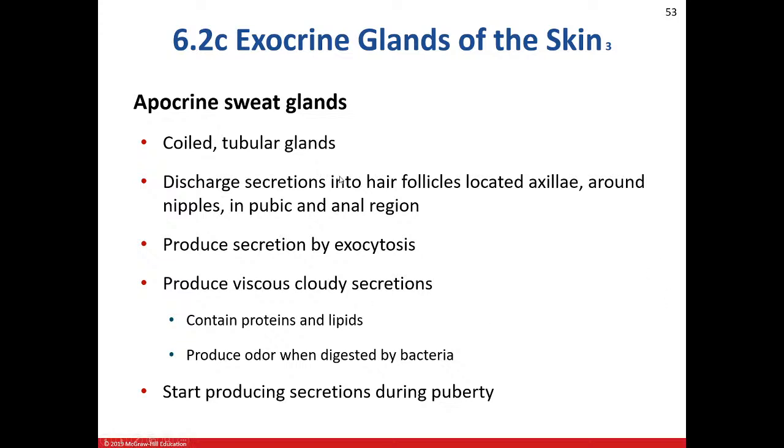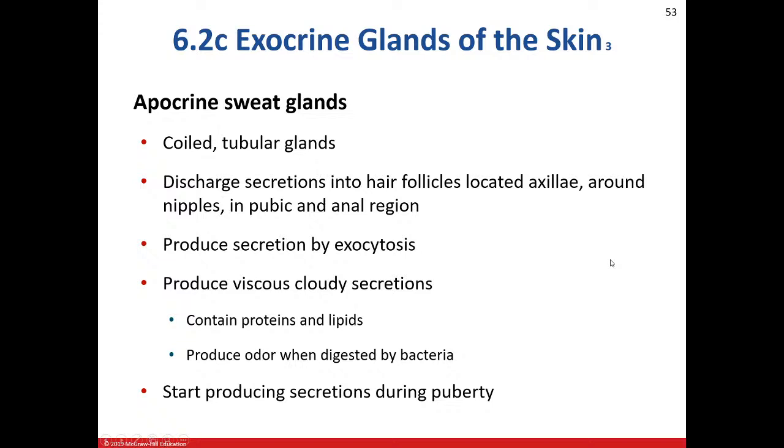All right. Good. So they produce their product through apocrine secretion, which is where we pinch off the top part of the cell. Remember, it is partially destructive, semi-destructive, because part of the cell is destroyed, but not all of it.